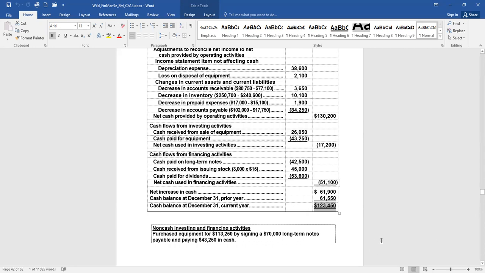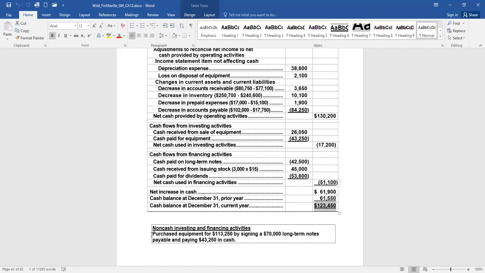One final note. Remember when we bought that equipment and we only paid $43,250 in cash? Don't forget, we want to note right after on the statement, at the bottom of the page, that we did have a non-cash investing and financing activity. That's when we might buy something like a piece of equipment, but we don't use all cash, we use some financing.